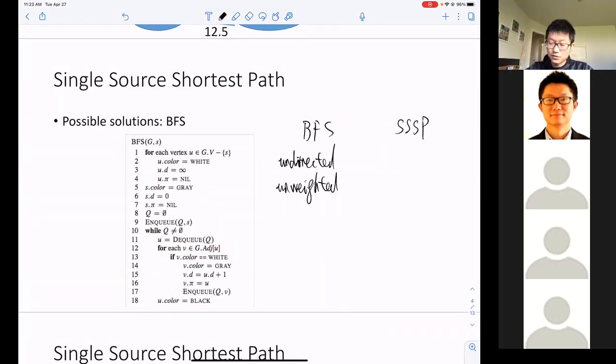Whereas in the single source shortest path algorithm, the input graph is directed and weighted. So we cannot use BFS to solve the single source shortest path problem. Make sense?